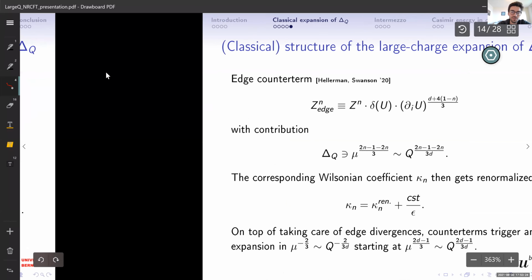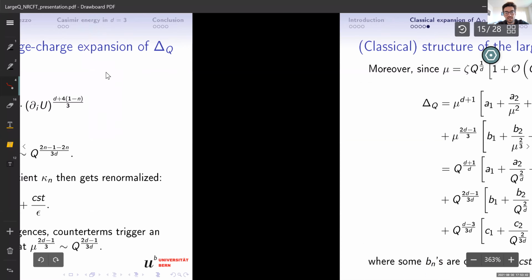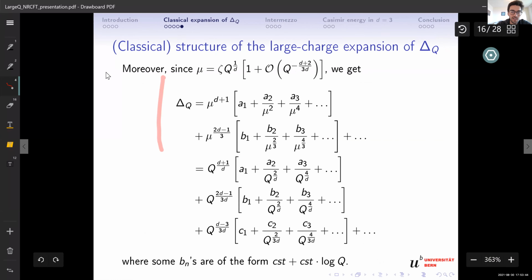We can renormalize the coefficient that goes in front of this operator here in such a way that the pole cancels. And this also triggers the whole expansion that started at 2n minus 1 over 3d with the suppression factor 2 over 3d, right?